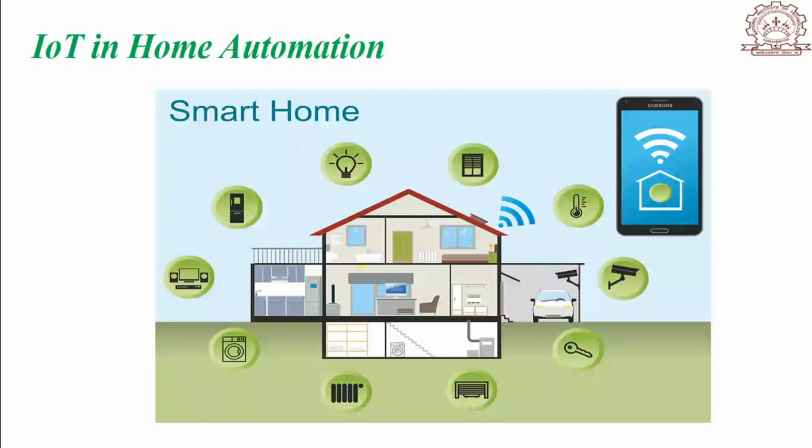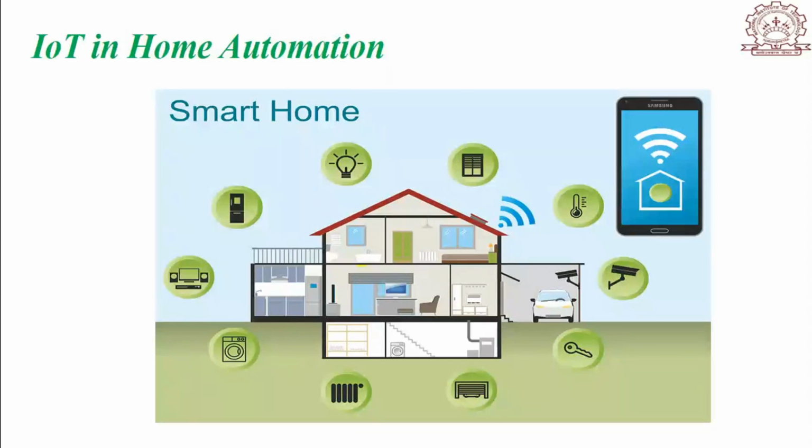What they need to do is put some sensors inside the home to detect the light, the fan, or other devices, and a microcontroller can be installed near the conventional switchboard. The switch on/off information can be given to the microcontroller, and that can be accessed through the mobile.